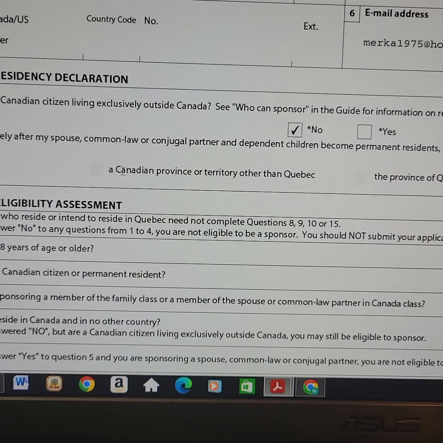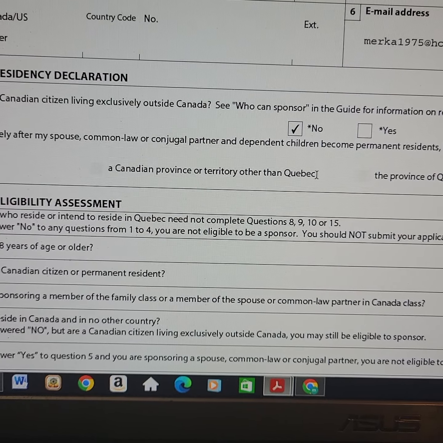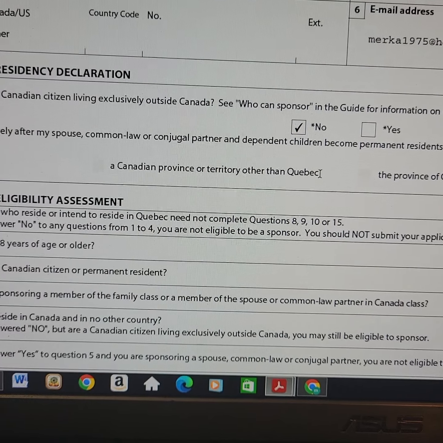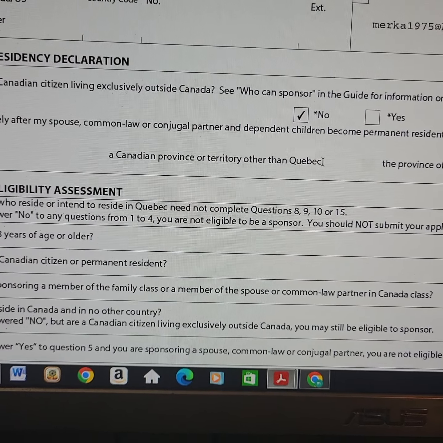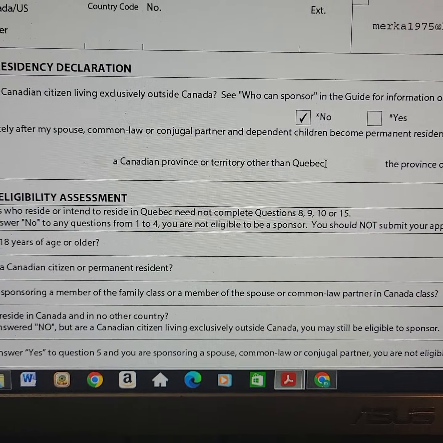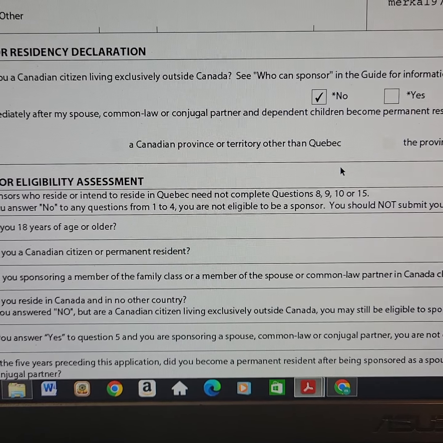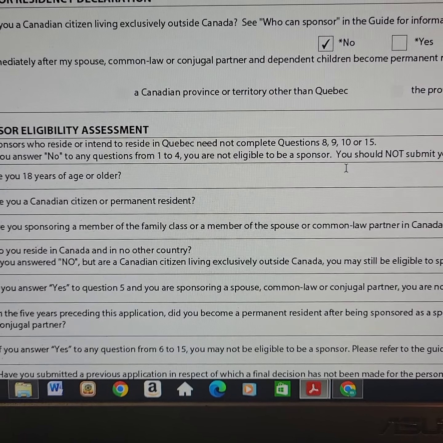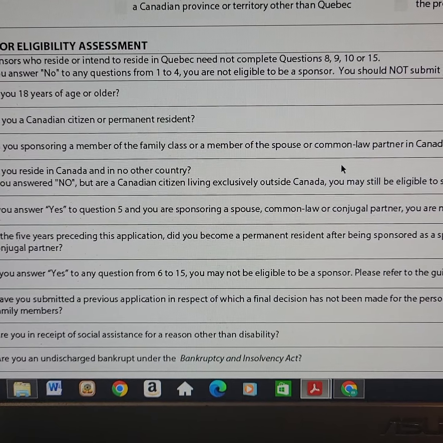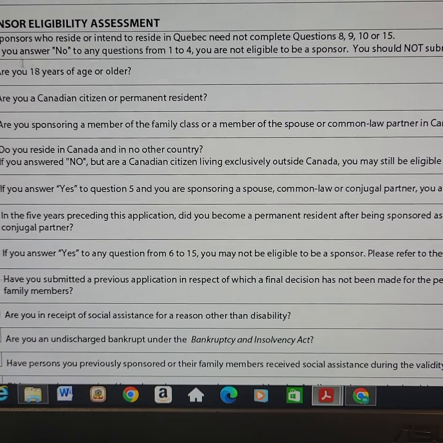They're asking this because if your spouse gets the permanent residence, they have to come to Canada, and they cannot be living in Canada by themselves. You're the one sponsoring them, so you will have to live in Canada with your spouse.